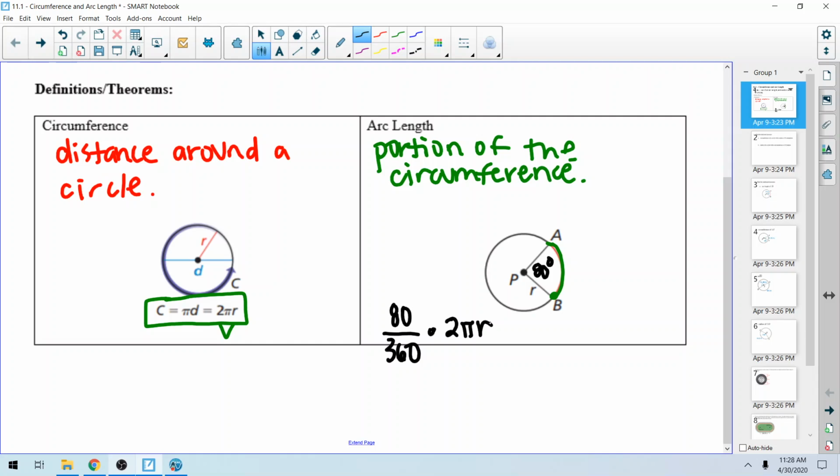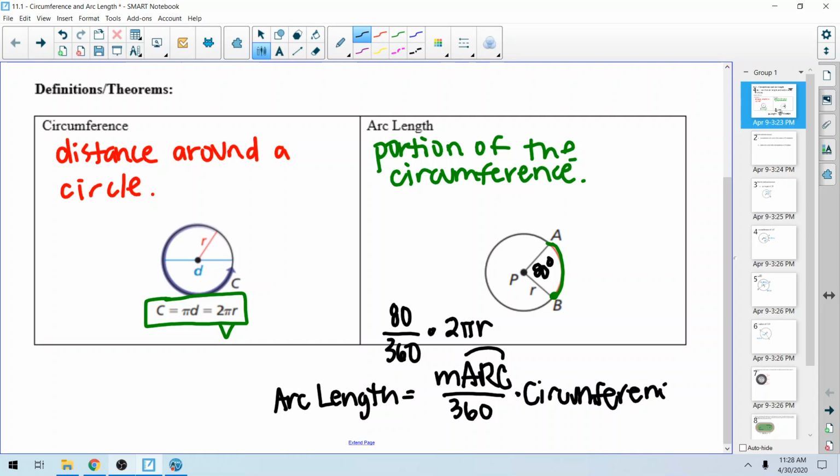So arc length equals the measure of the arc out of 360 times the circumference.